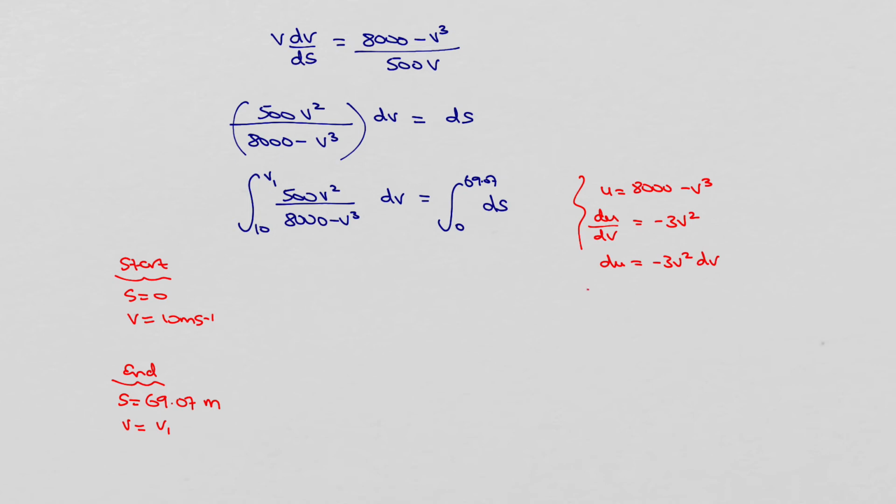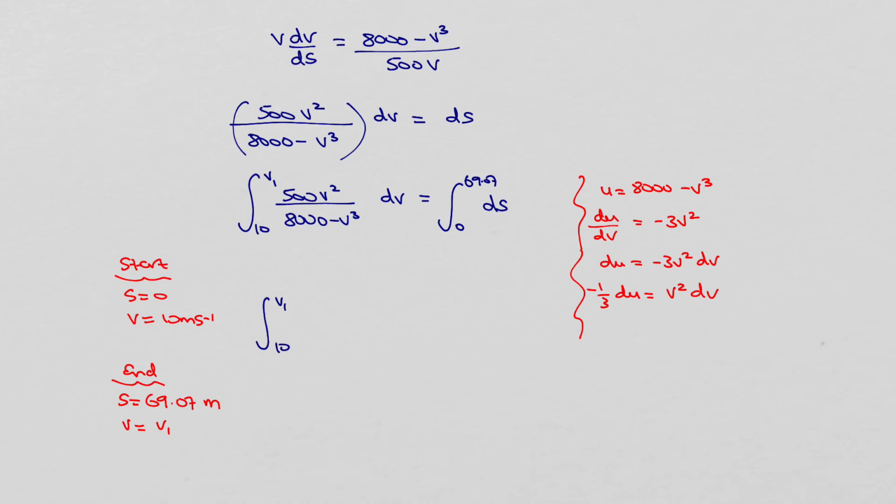So in other words, we have minus a third du is equal to v squared dv. So that can then become, and I'll sub back in for my v at the end with my limits. So let's just integrate.